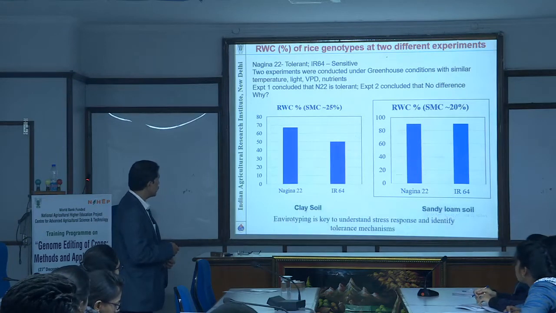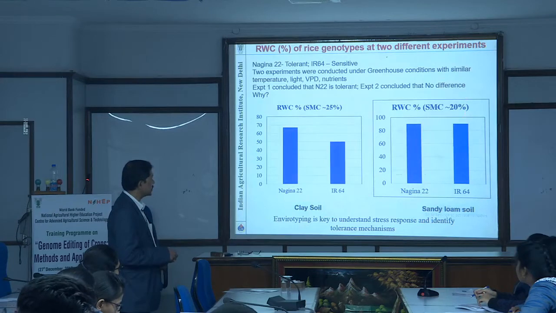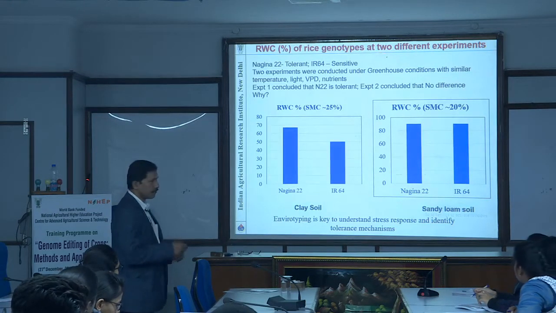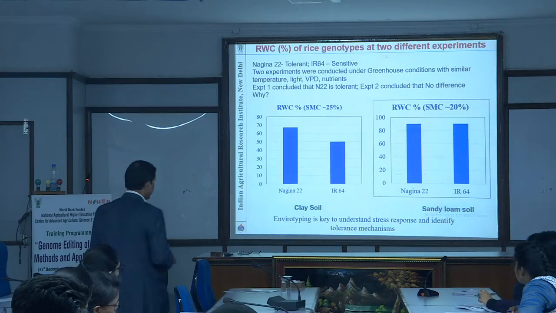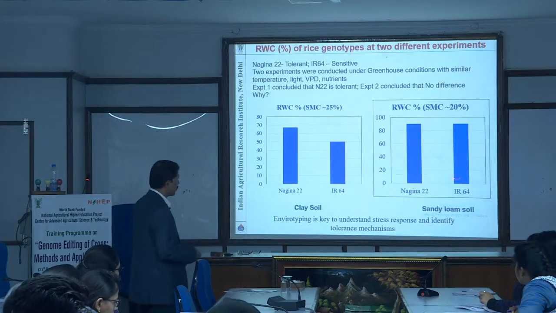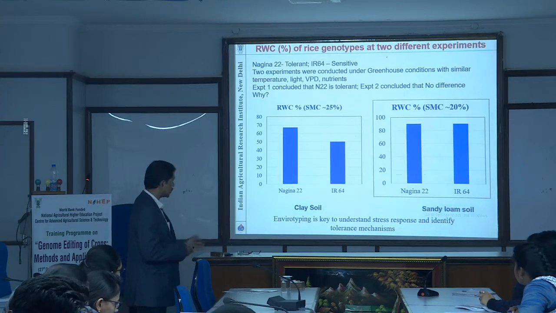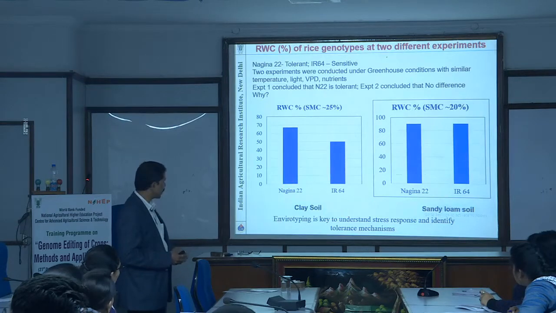So it is important to measure what kind of soil you are using, and if possible, express the soil water status in terms of soil matrix potential, which will be very useful for comparing the genotypes or comparing the experiments. So this is a clay soil which has high water holding capacity.